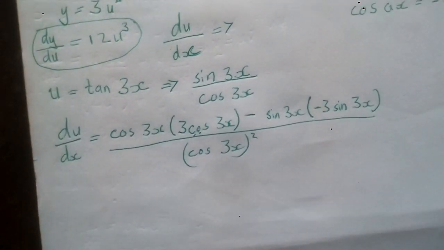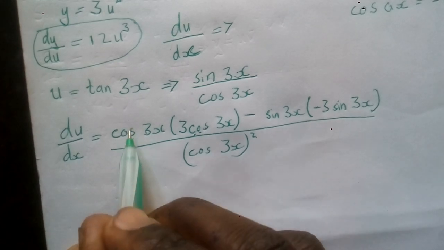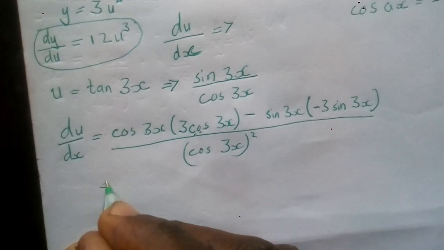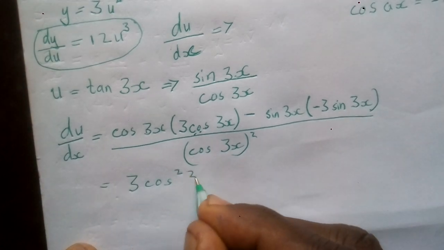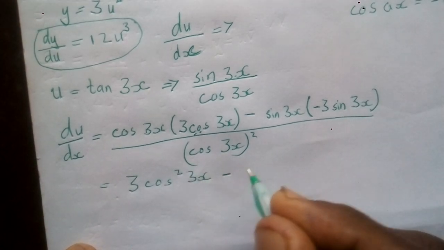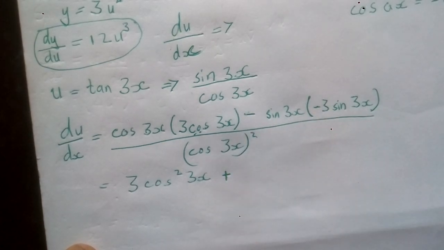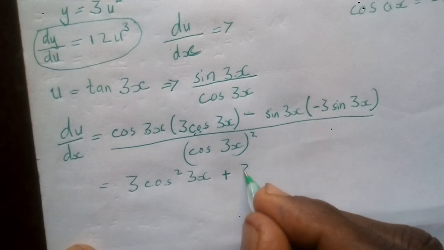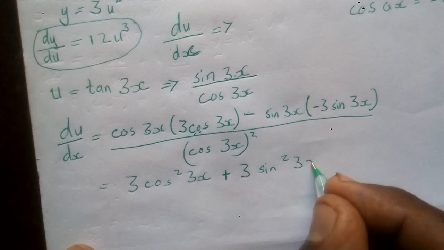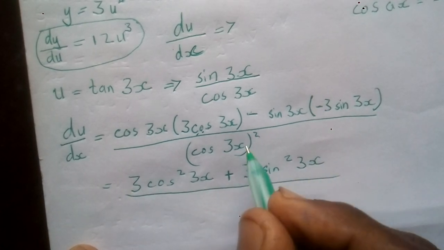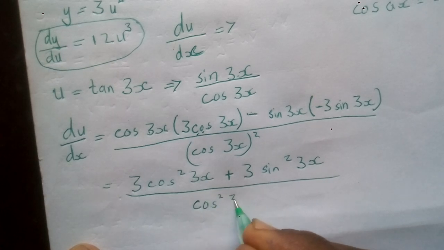So let's proceed. Let's multiply. You'll get 3 cos squared 3x. Negative times negative gives a positive, 3 sine squared 3x, divided by cos squared 3x.